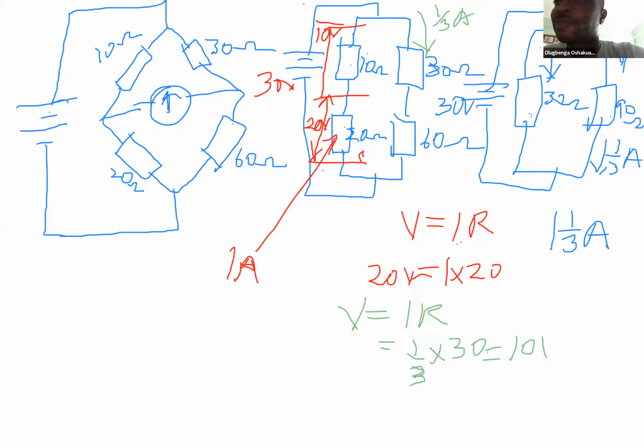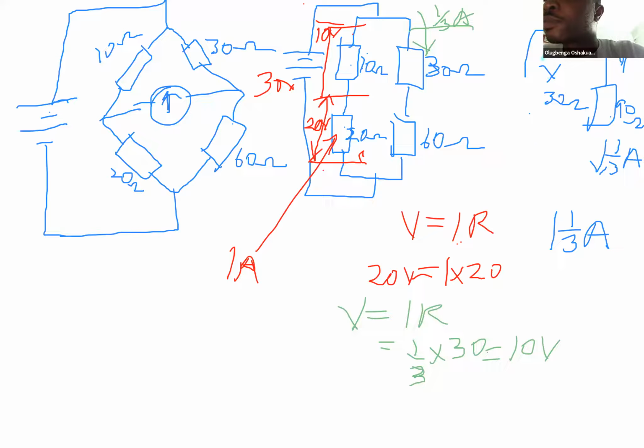So that means that 10 volts, let me clean this place so that it will not look too messy. So that will mean the potential drop here will be 10 volts.